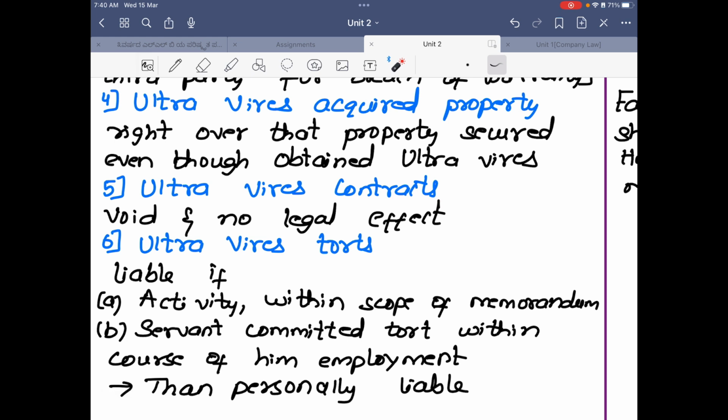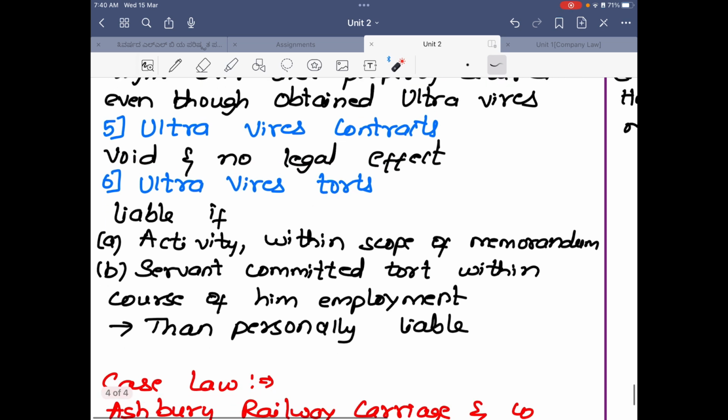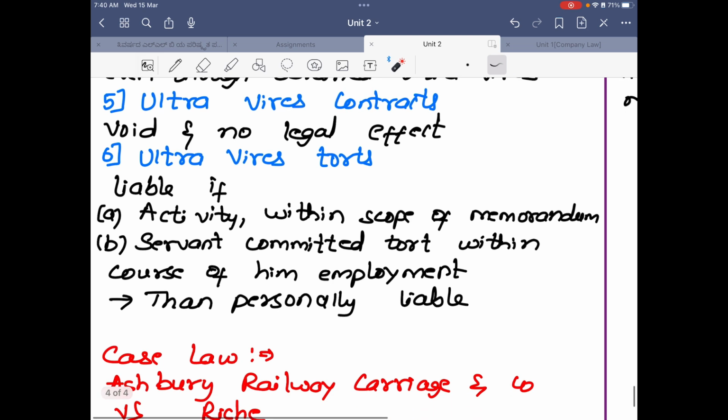If a company makes any ultra-vires contract, then the contract will be void and has no legal effect. Ultra-vires torts. We saw that contracts are void and have no legal effect, but still the other party has suffered loss. So can he sue for tort? The question arises.